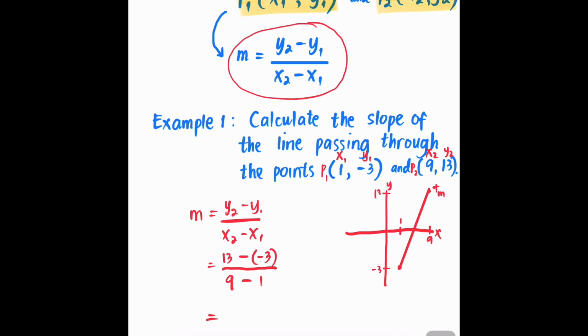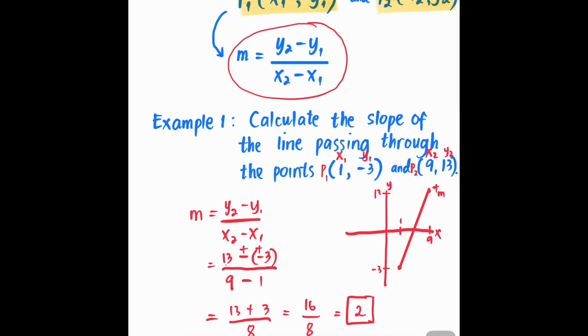We remember the rule: if you have two negatives, you can change it to positive. So it's going to be 13 plus 3, we have 16, over 9 minus 1, which is 8. So we have 16 divided by 8 is 2, positive.